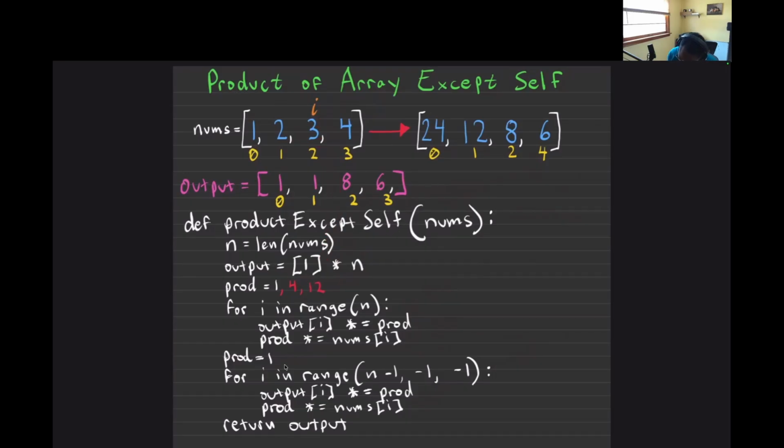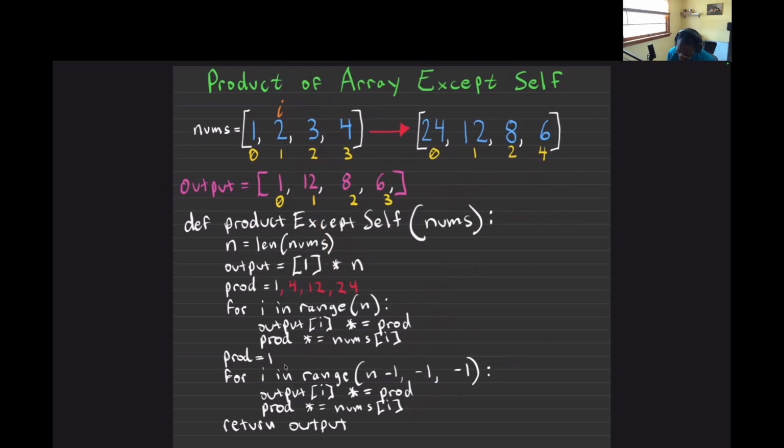Then we're back inside this for loop. Output of I times equals prod, so output of 1 times equals prod, so 1 times 12 gives us 12. And now prod times equals nums of I. Nums of I is equal to 2, so 12 times 2 gives us a 24.